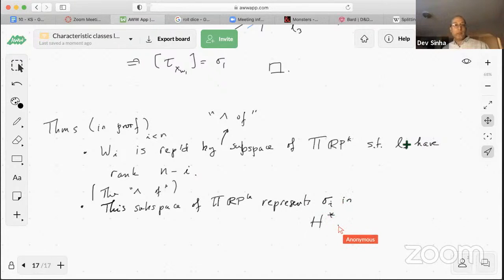That's what we've seen for 4 dimensions, and just organizing our thoughts, putting through more details, etc., would give it in general. So I'm going to stop there.